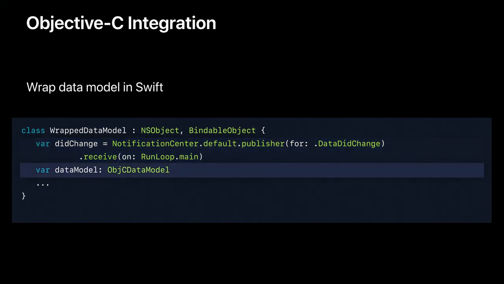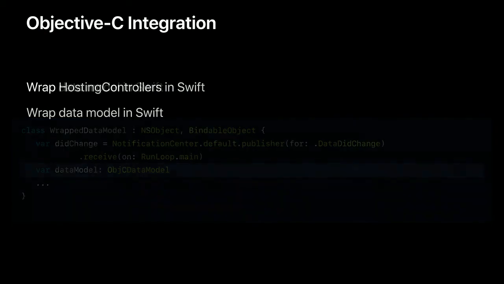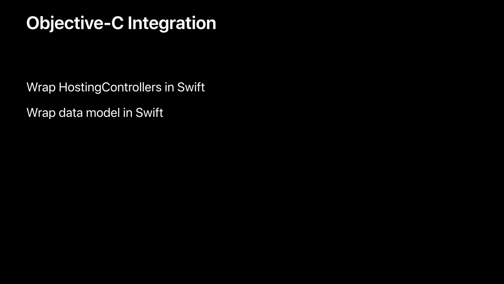And then we just have a reference to our Objective-C data model. And the way this works is, in your wrapped hosting controller, you would pass a pointer to your Objective-C data model, and in your hosting controller, you can create your wrapped data model and assign it your Objective-C data model and pass your wrapped data model to your SwiftUI root view. And with just those two simple wrapped classes, you will now have seamless integration with SwiftUI and your Objective-C code.